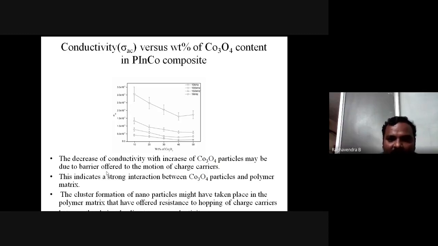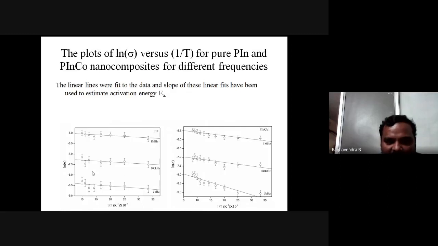Next, we have fit linear lines to the obtained data, and from this we got the slope, and by making use of the slope we have calculated the activation energy. These are the slopes, and from these slopes we got the activation energy. The first figure corresponds to pure polyindole, and the second figure corresponds to the polyindole Co3O4 composite.